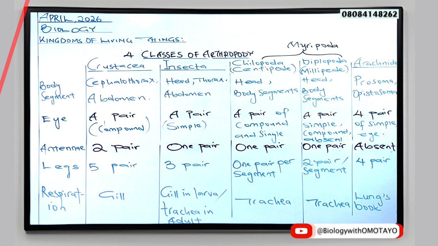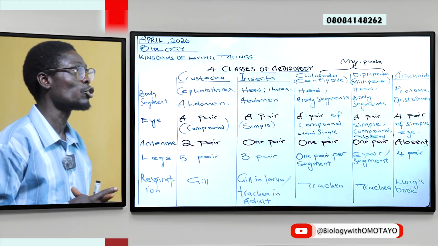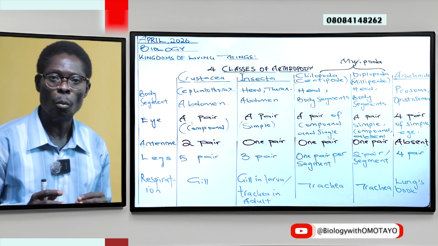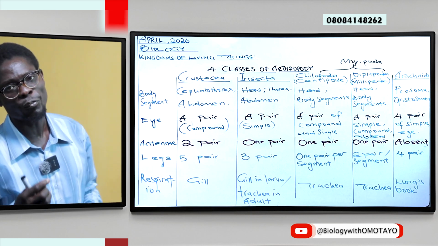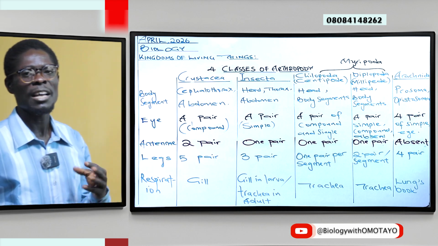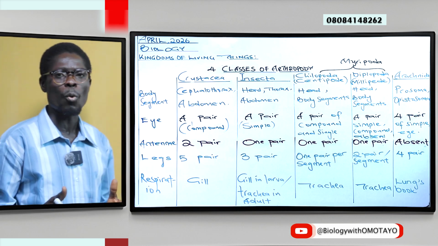And as you can see them listed out here, we have the class Crustacea, or what is simply referred to as crustaceans. Then we have Insecta. We equally have class Myriapoda, although this class Myriapoda is further split into 2, that is Chilopoda and Diplopoda. After that, the 4th class is the class Arachnida.